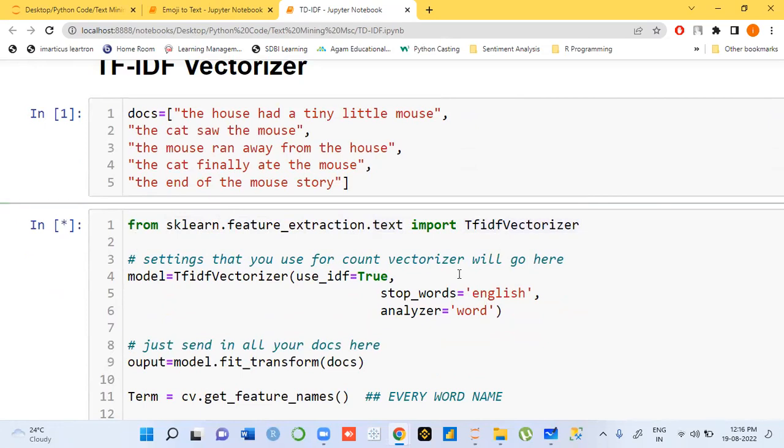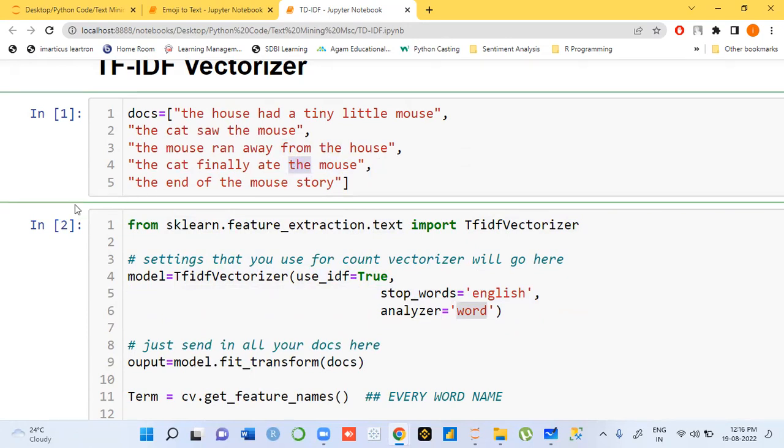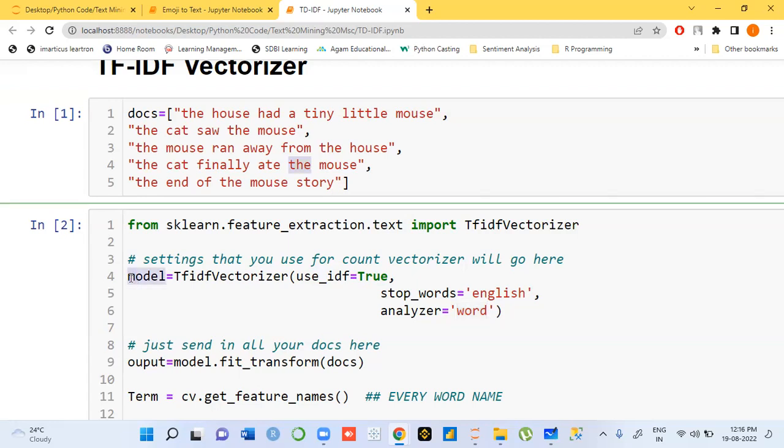I say using TF-IDF vectorizer, use IDF, meaning use your IDF value also. If stop words are present, remove them. Analyzer based on word means for each and every word, you make my matrix. Are you clear, guys? Assigning to model.